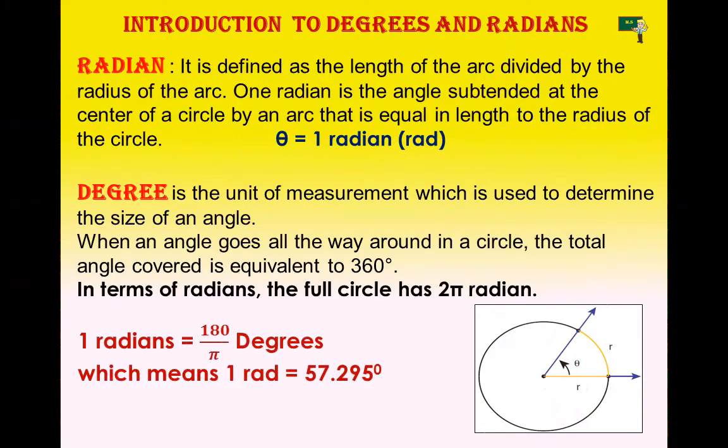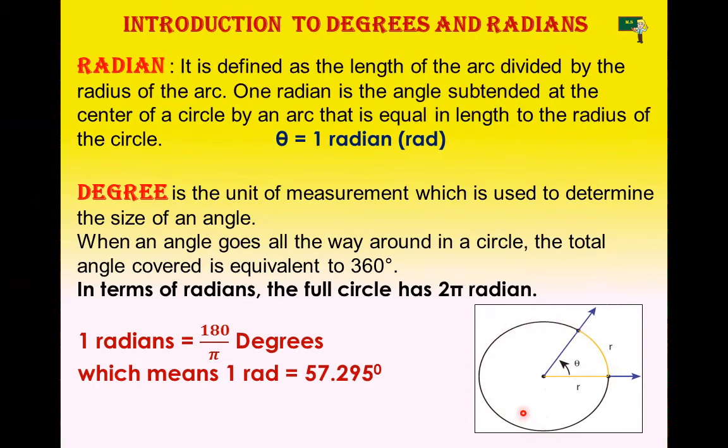And what do we mean by degree? Degree is the unit of measurement which is used to determine the size of the angle. When an angle goes all the way around the circle, the total angle covered is equivalent to 360 degrees.